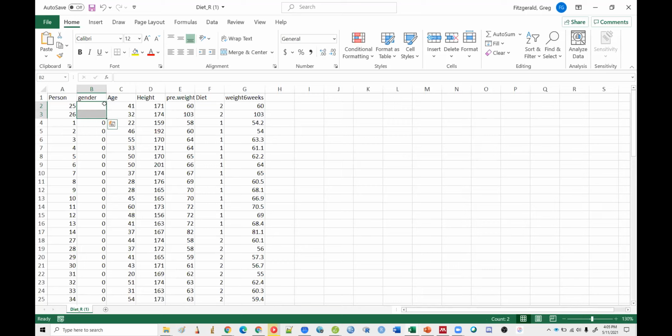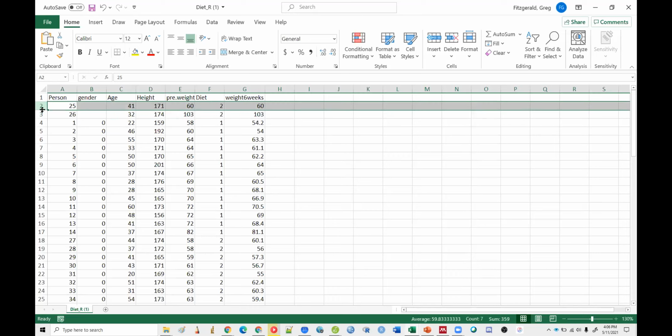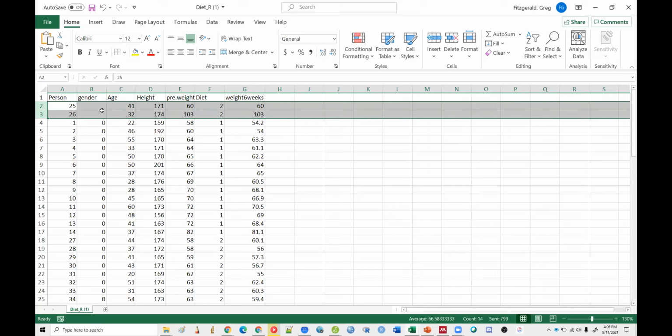So there's an open question about what actually qualifies as a missing case. For example, if you have this sort of study where the only variable missing for these subjects, 25 and 26, is their genders.